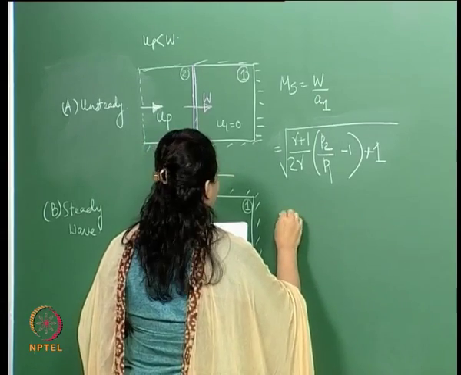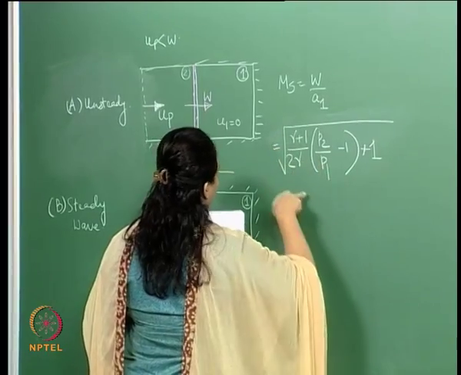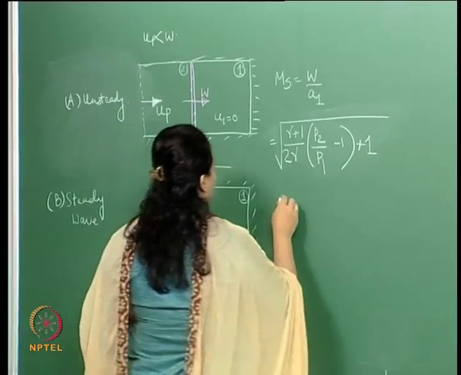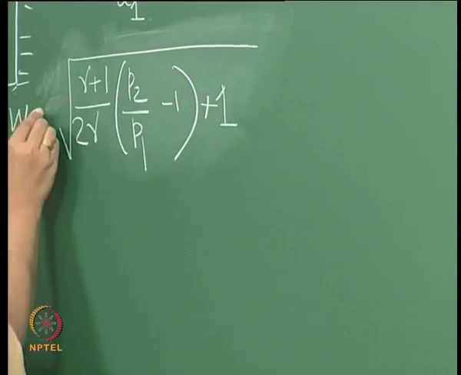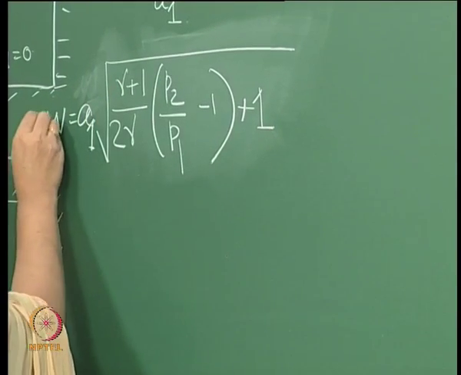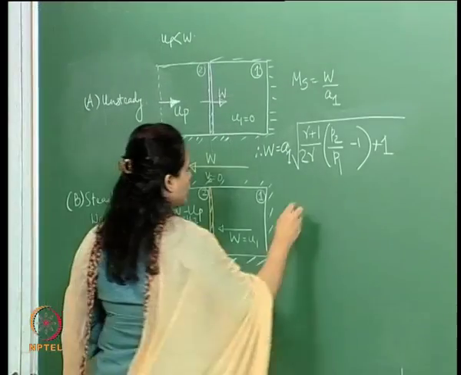So W is basically A1 into this. So therefore W is equal to A1 into this. Now let us write up.